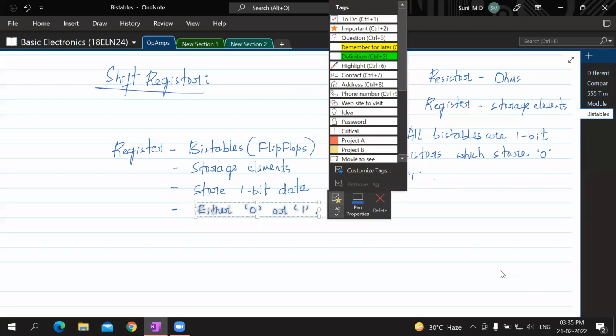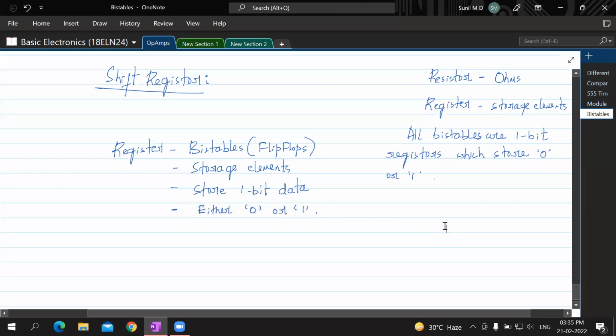Then the shift register is this. What is a shift register then? A shift register is two or more bistables connected back to back.